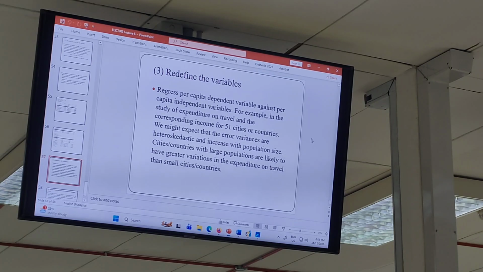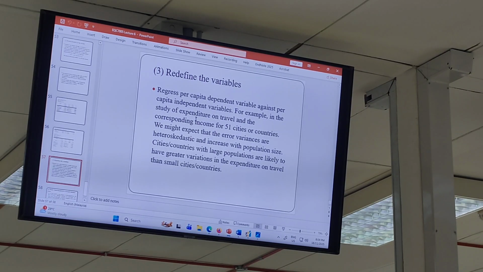So if you are using data like this, then instead of using, let's say, the total expenditure, because a large country has larger expenditure. Let's say a country with large expenditure on certain things, like the US compared to Malaysia. Of course, you have larger expenditure.